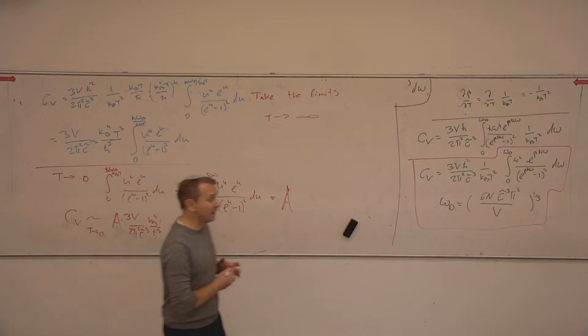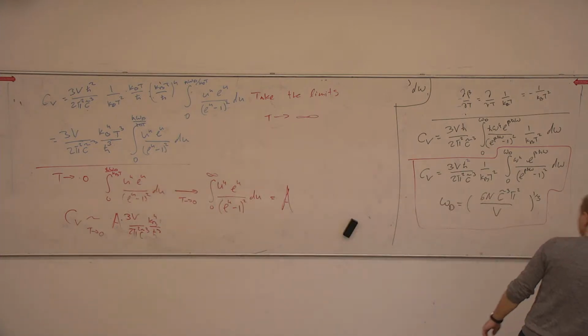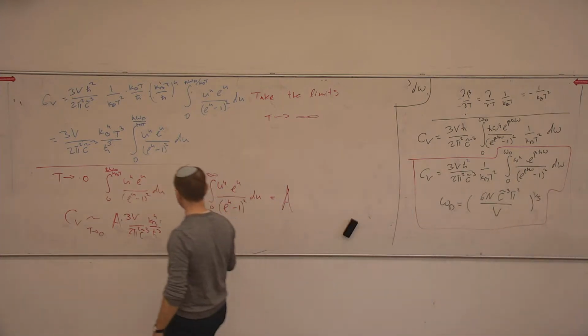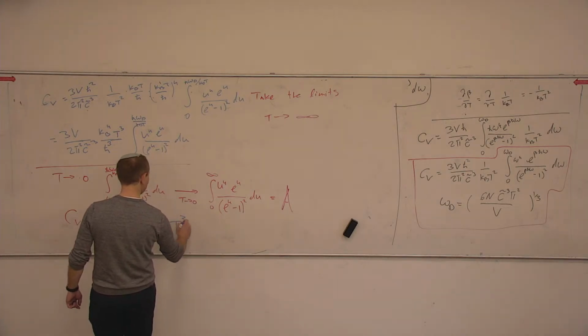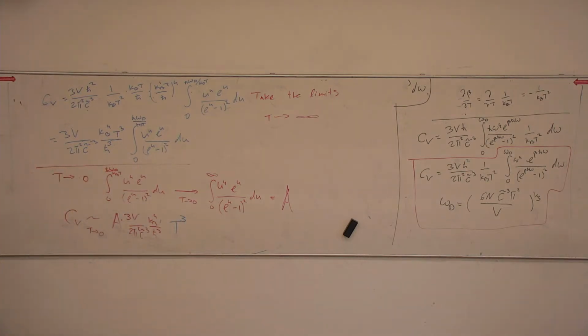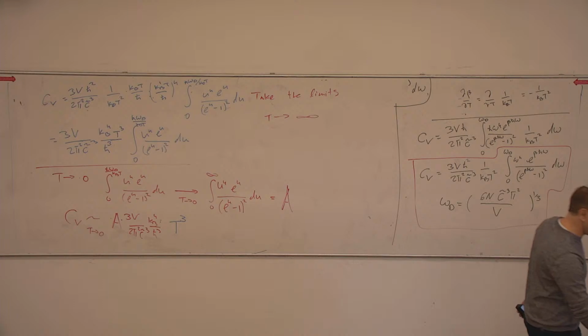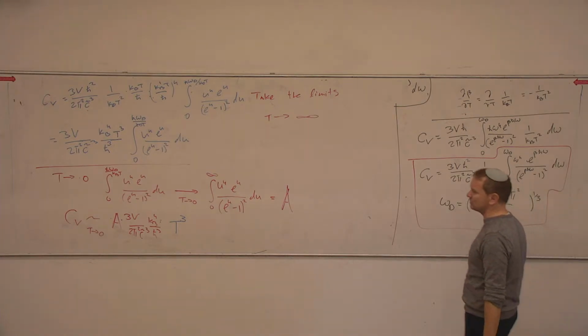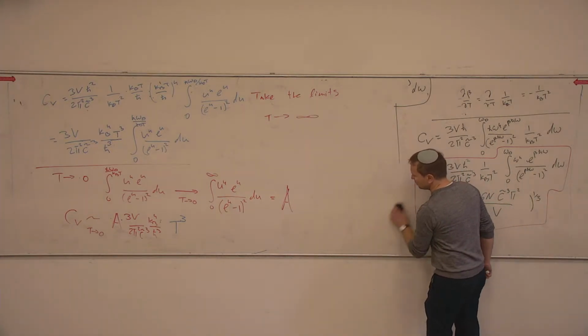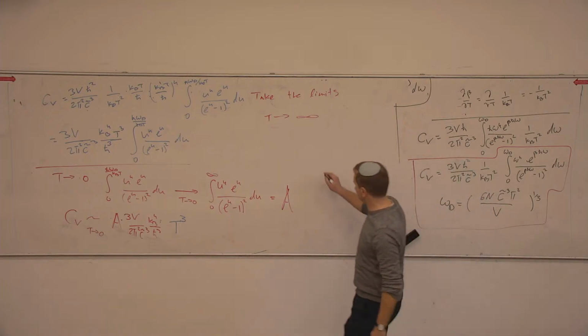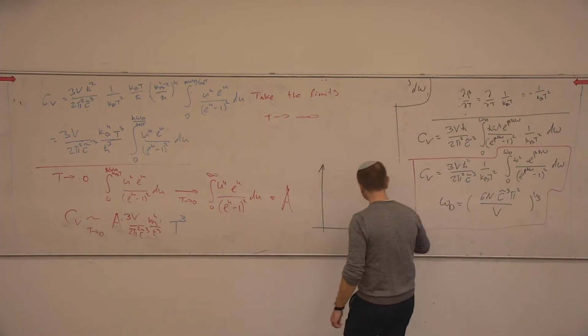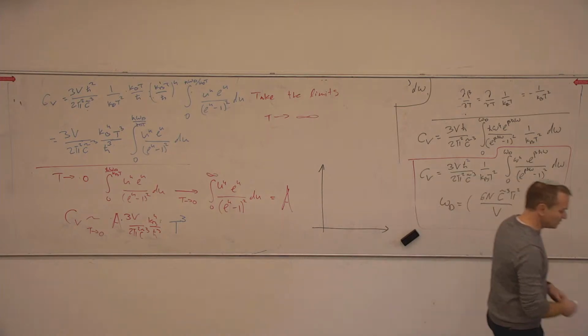Nice, very, very nice, but, and there is a but over here, it's T to the third. So do you remember why we started all of this mess? This huge, enormous mess was because the Einstein model failed in the limit of low temperatures. In the limit of low temperatures, the experimental observations told us the following thing.